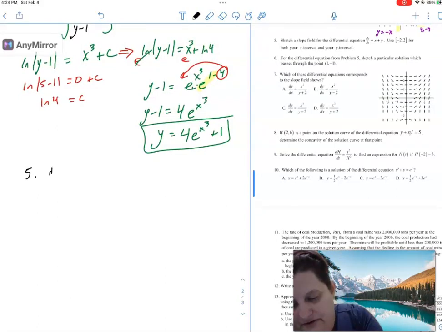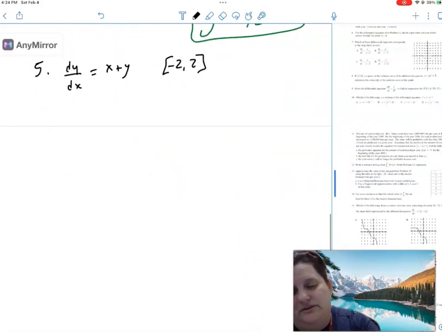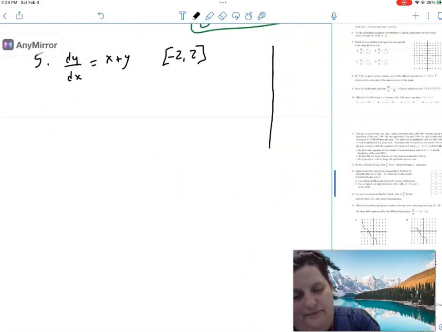Okay, number 5. Sketch a slope field for the differential x plus y, window of negative 2 to 2 for the x and the y interval. Okay, usually you guys, it'll give you this grid with 1, 2, negative 1, negative 2.